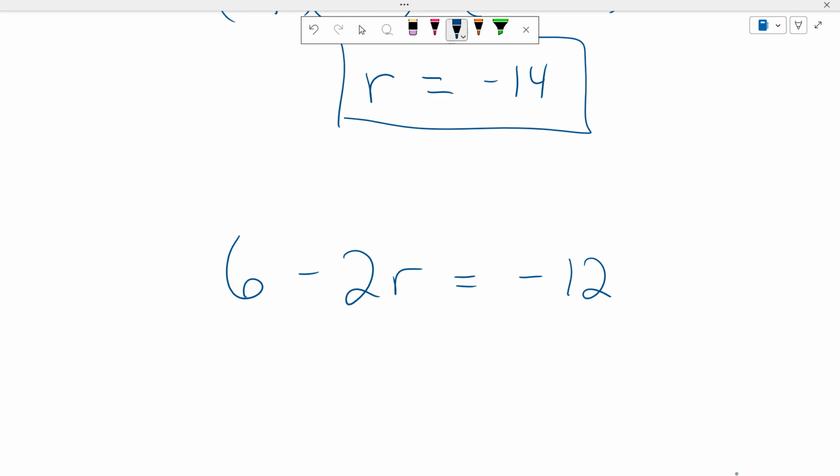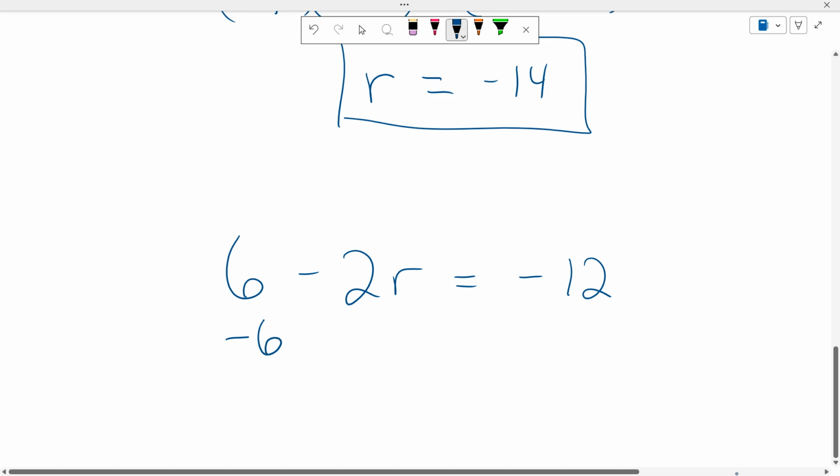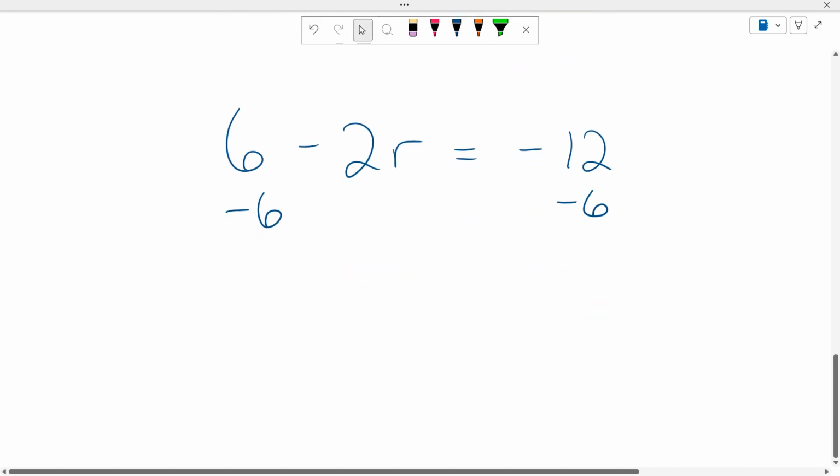It's a subtraction problem, but we need to get this 6 down to 0. To get a positive 6 down to 0, we need to subtract 6. So even though it's a subtraction problem, don't automatically add. Subtract 6. So what's left?